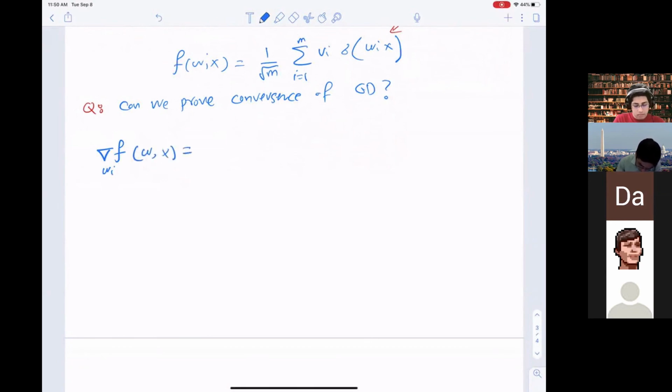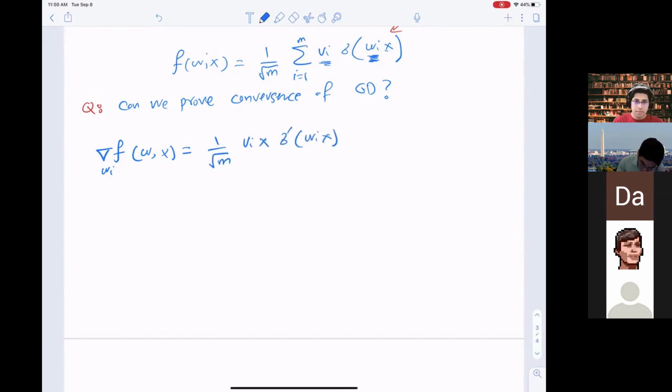What is the gradient with respect to wi here? We'll have vi times x, the gradient of the inside, times sigma prime of wi times x. So it's a very simple gradient computation: vi times x times sigma prime of wi times x.